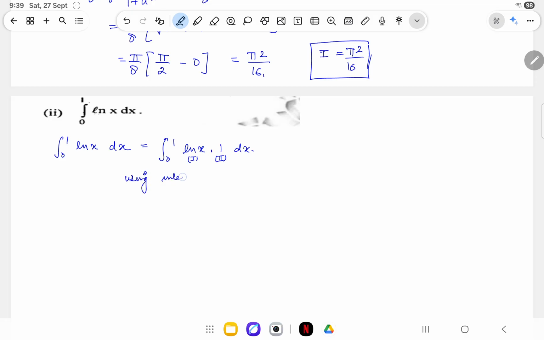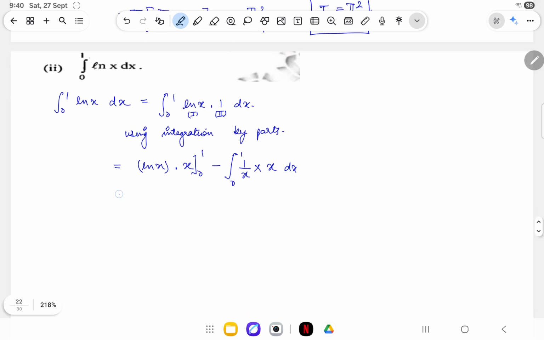Using integration by parts, we'll get first function same, integration of second function that is x, minus differentiation of first function that will be 1 by x into integration of second that is x, and the whole integration limit from 0 to 1.